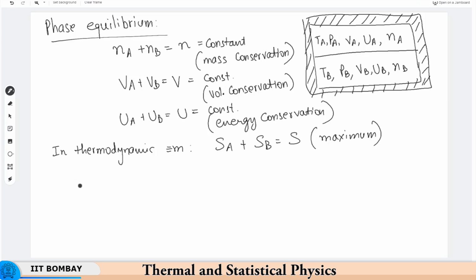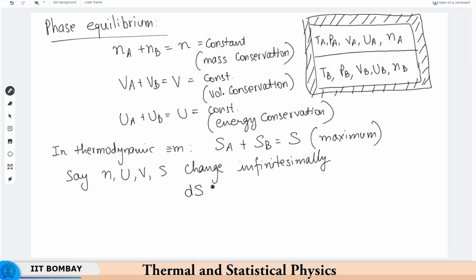So, say N, U, V and S change infinitesimally, but the equilibrium condition will still demand that the total change in entropy is 0.